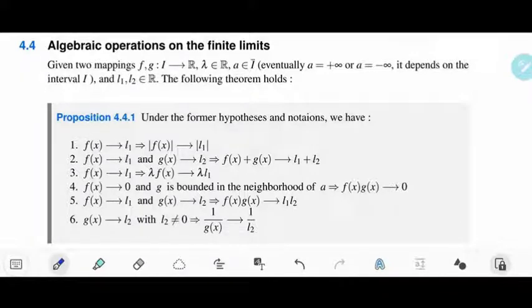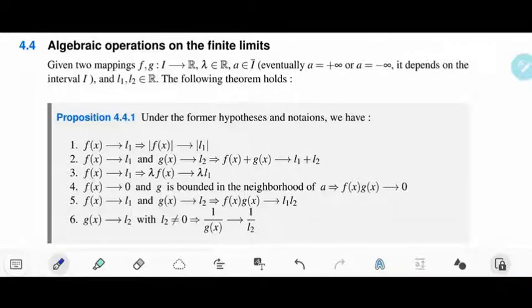If f of x tends to L1 at a given point and g of x tends to L2 at the same given point, then f of x plus g of x tends to L1 plus L2. Also, if you have f of x that tends to L1, then if you multiply the function f by lambda, so you have the function lambda f, it will tend to lambda L1 at the given point.